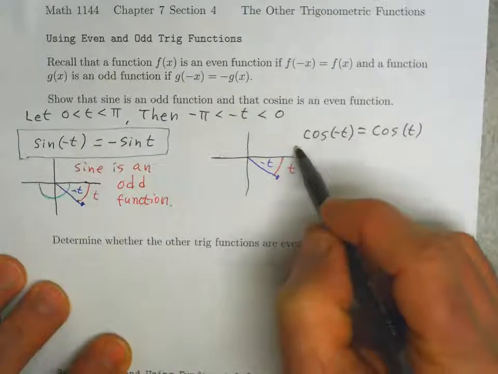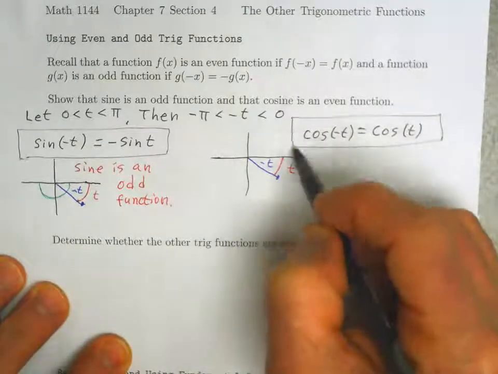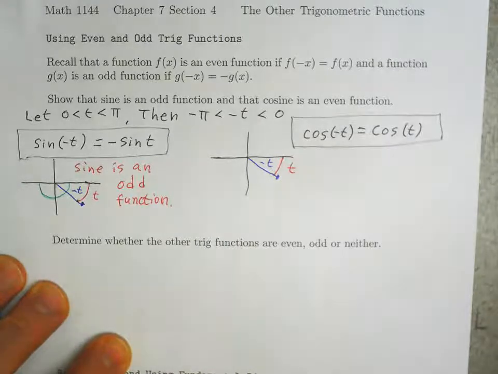So this demonstrates that cosine is an even function.